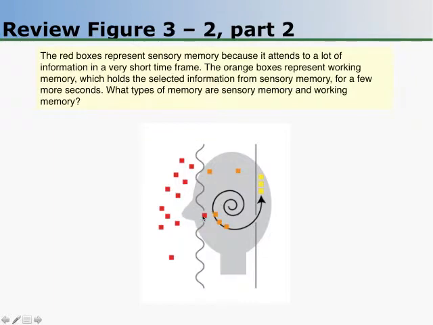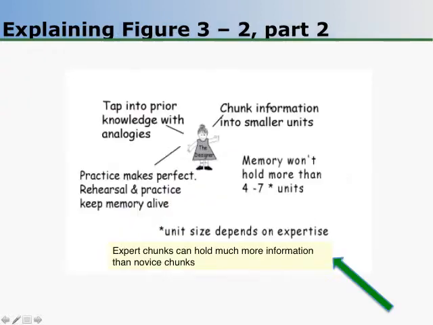And you can see that only one little red information bit is breaking through the barrier between sensory and working memory. The orange boxes represent working memory, which holds the selected information from sensory memory for a few more seconds. Let's look now at the design advice that is associated with information processing theory.